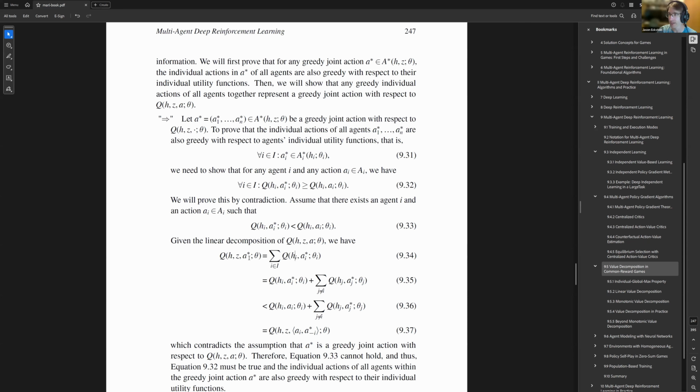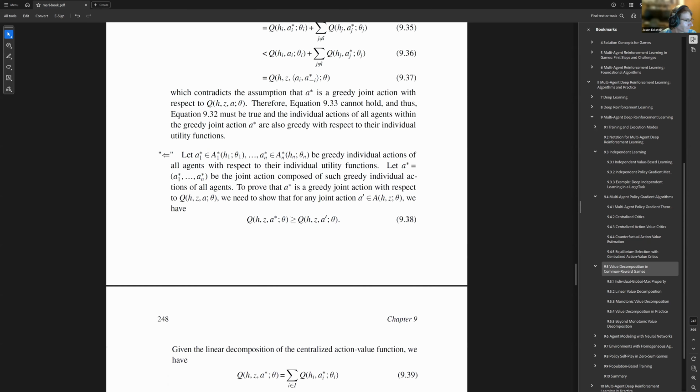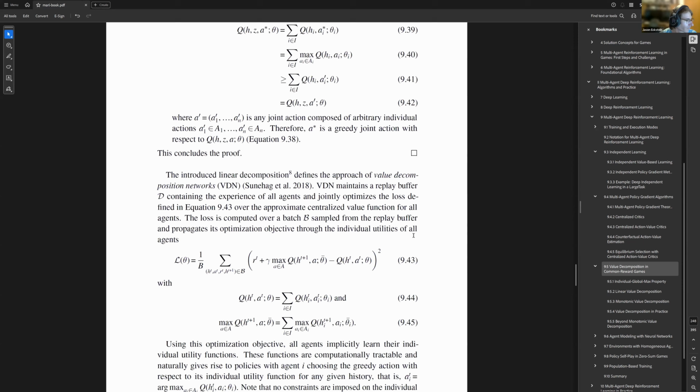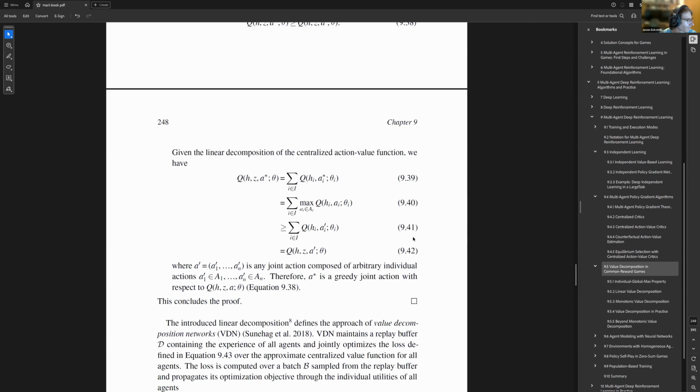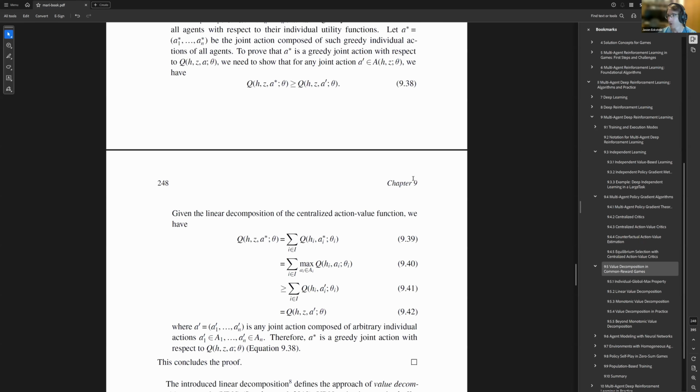It'll be completely identical if we had actually learned this whole more complicated joint action value function. So we know that if we can learn these functions properly, it will satisfy this property that we need.